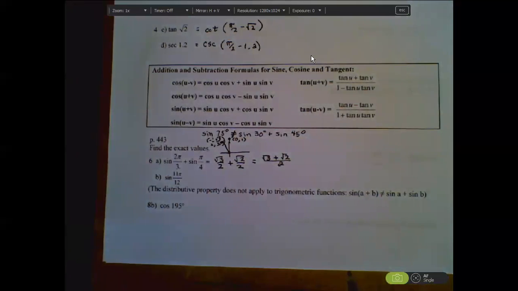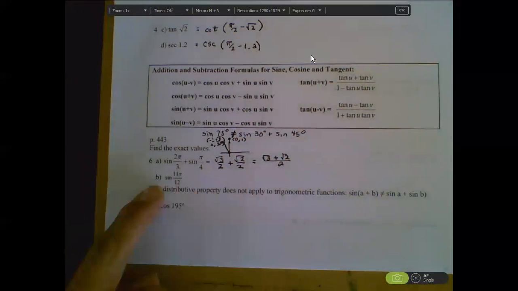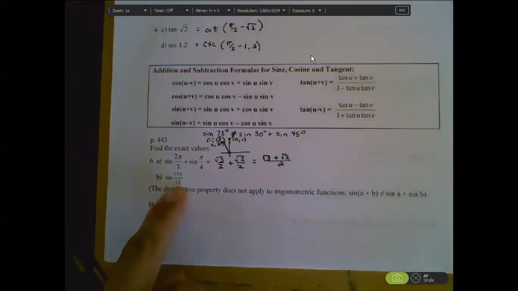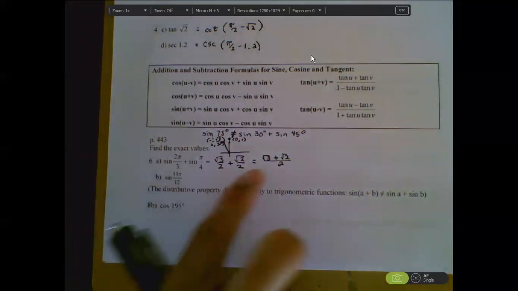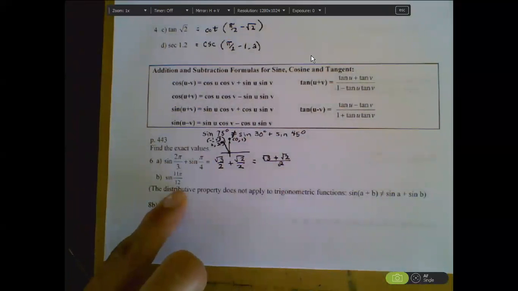Now, if it were true that to find the sine of some angle we don't have memorized, we can just add the sines of the two values that we do have memorized, then these two answers would be the same.